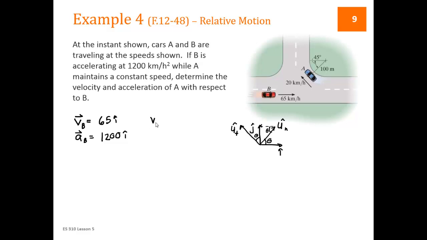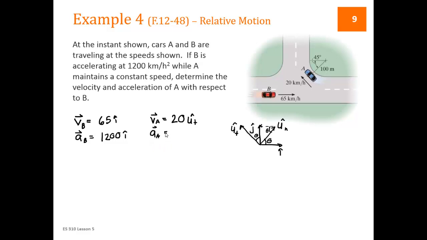So VA is going to equal 20, which is its speed, in the tangential direction, and nothing in the normal direction, because velocities are never in the normal direction. All right, AA: we're told there is no change in speed.